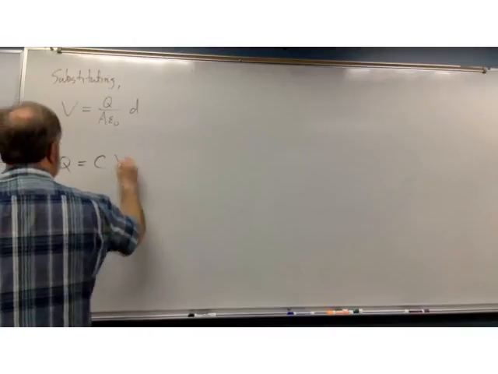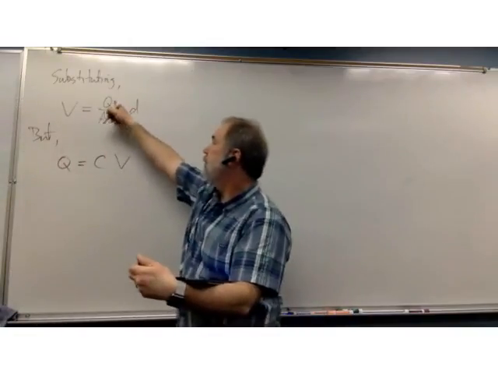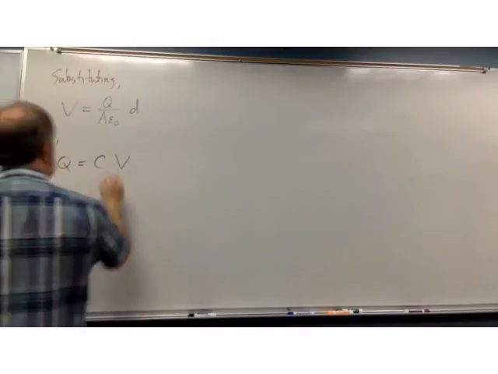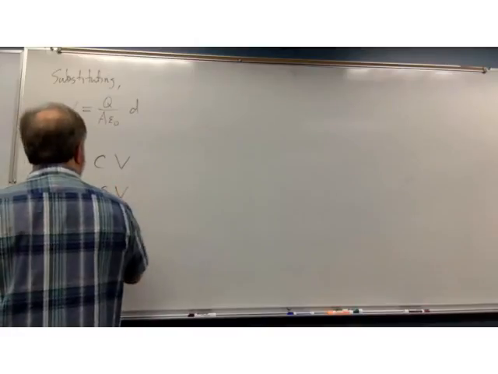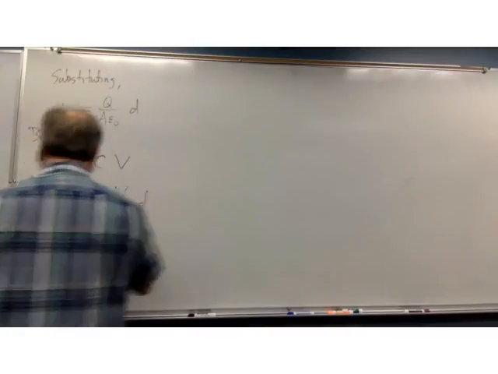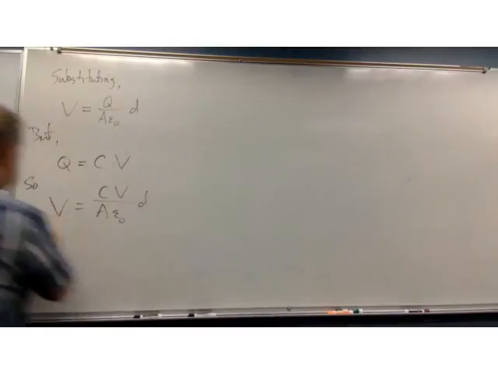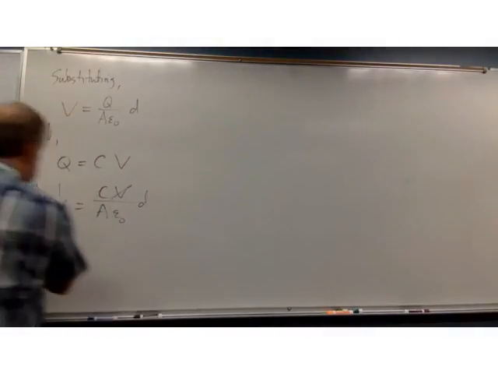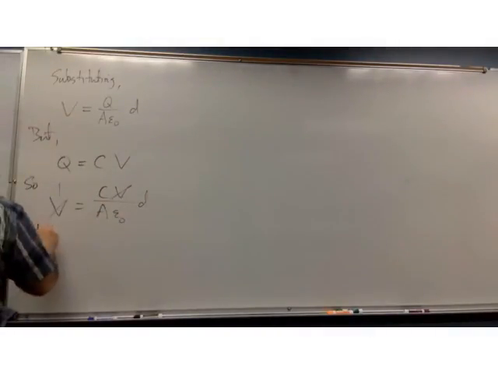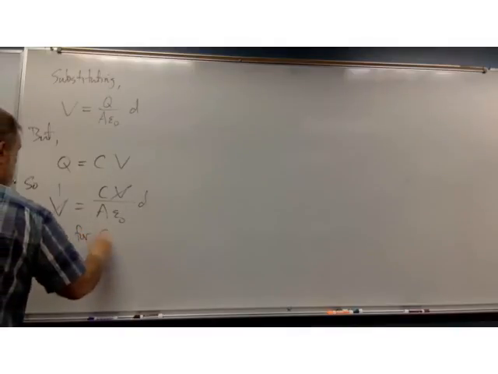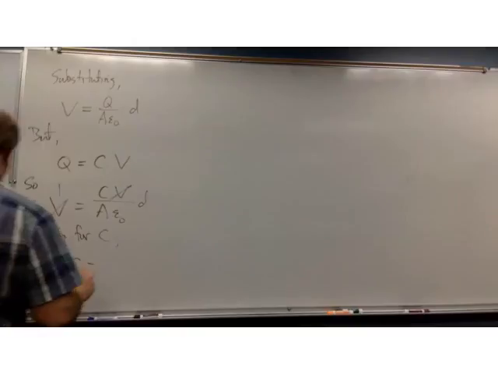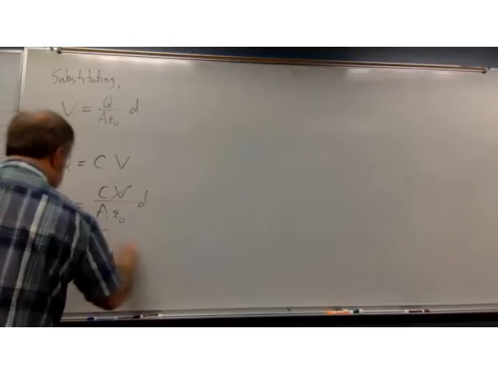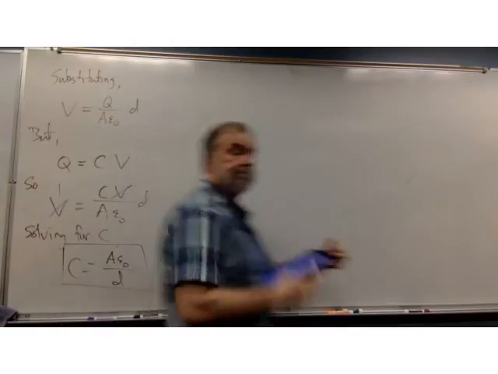The amount of charge you can store is equal to C times V. So I can replace Q here with C times V. So V is equal to C times V over A epsilon naught times D. The potential divides out, leaving 1 on this side, and solving for C, which is what we're after, we get C is equal to A epsilon naught over D. Okay. That's the result I was after.